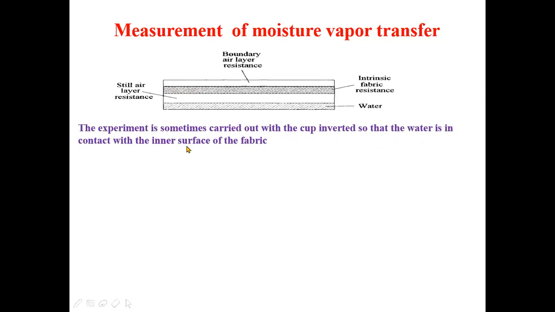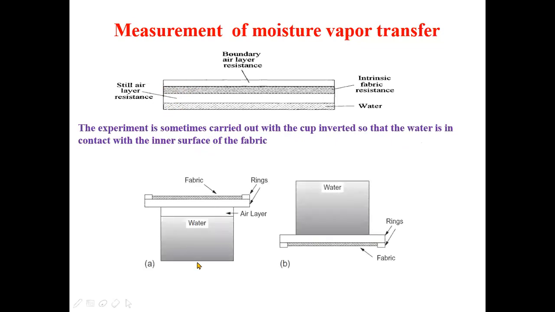The experiment is sometimes carried out with the cup inverted so that the water is in contact with the inner surface of the fabric. So this is the standard test process, but sometimes we can carry out the test keeping the cup in an inverted way. Here is the fabric, this is the cup, this is the upright position, and this is the inverted position.